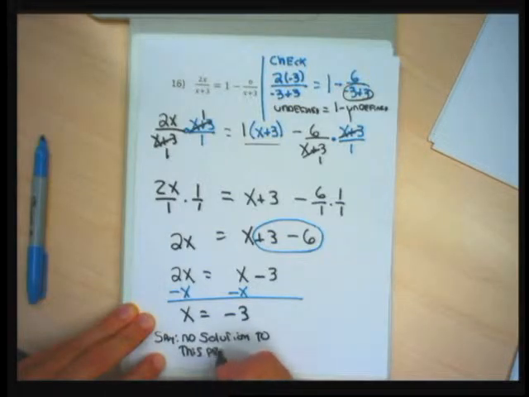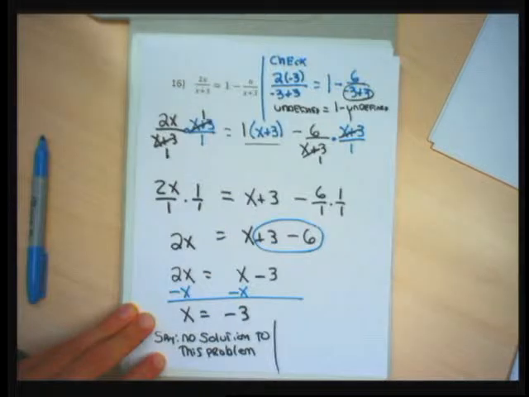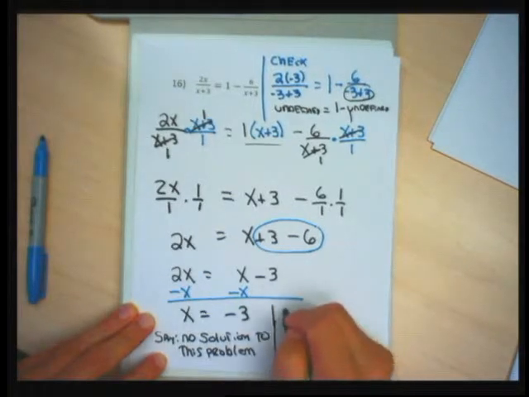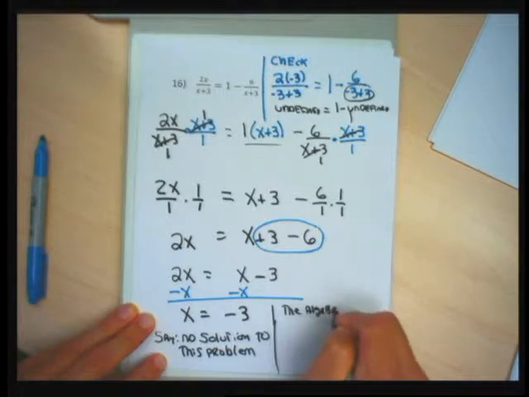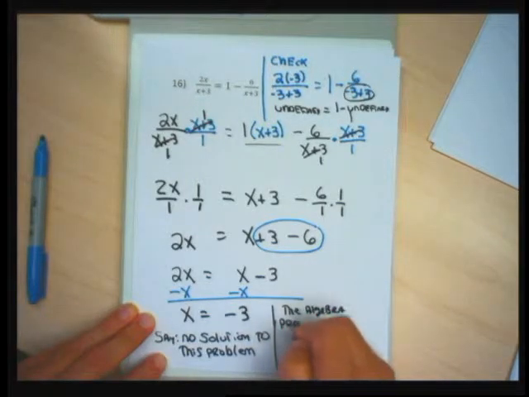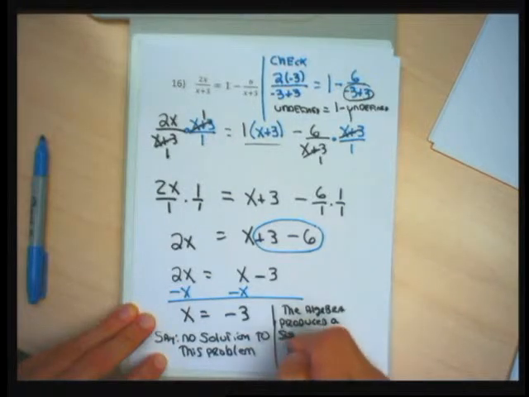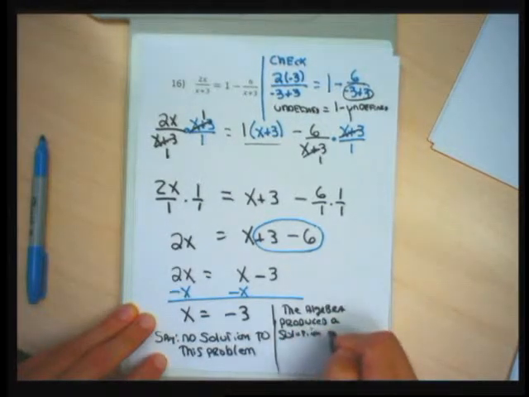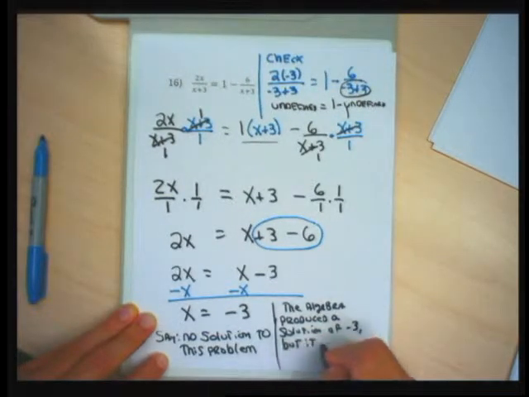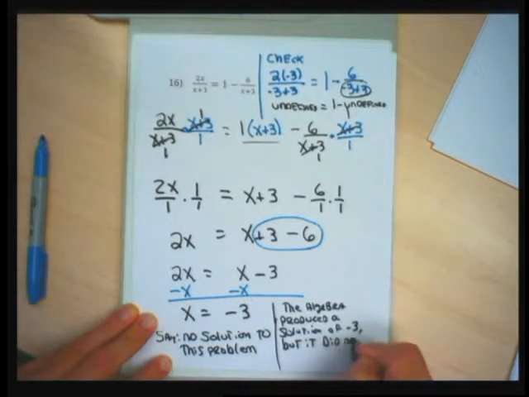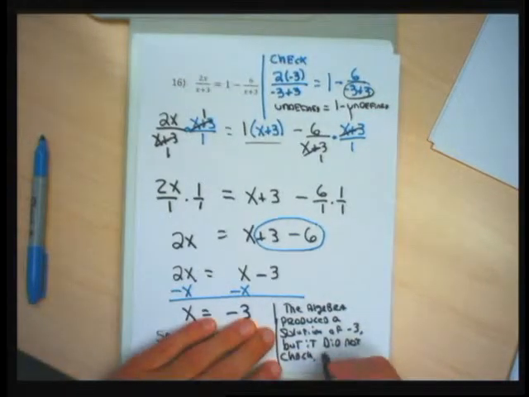The only potential solution was negative 3, but it didn't check. Or I can say the algebra produced a solution of negative 3, but it did not check, so there is no solution.